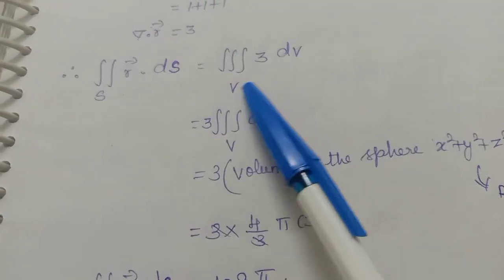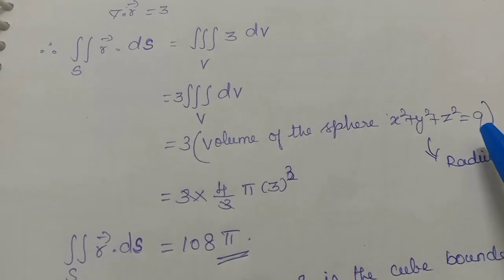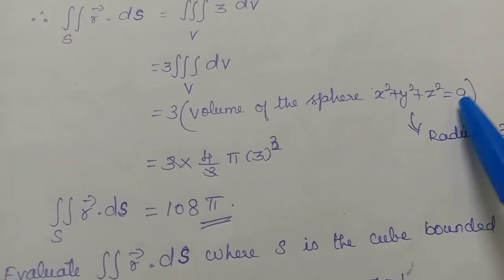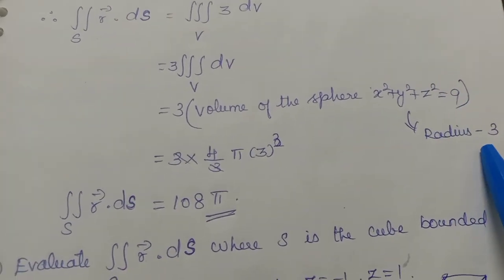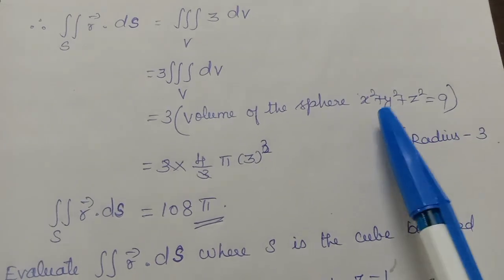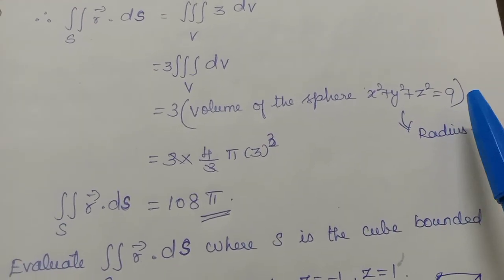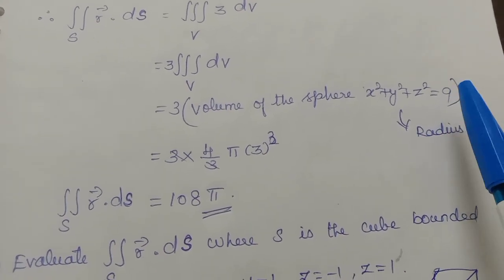So this integral is nothing but the volume of the sphere x square plus y square plus z square equal to 9. From this equation, this 9 is nothing but 3 square, so the radius of the sphere is 3. x square plus y square plus z square equal to a square is the standard equation of a sphere. So 3 is the radius.